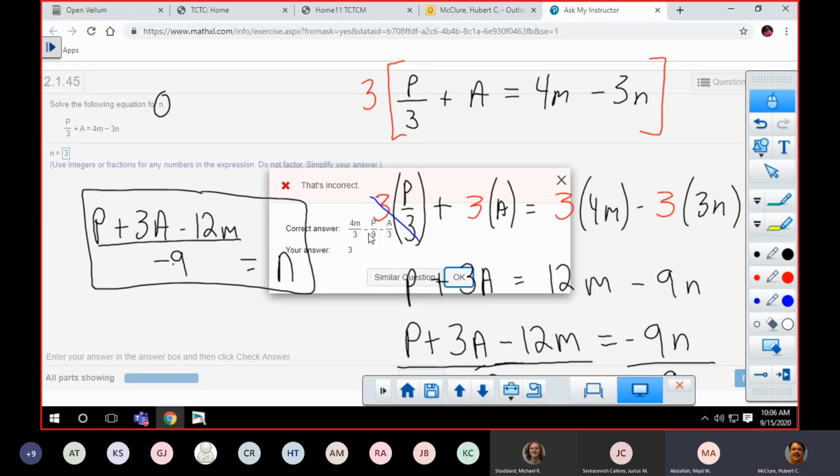Like how do I know to put P before A? Well, you don't. This is a stupid way to write it. You usually put your variables in ascending order, meaning your lower ones first. Like I said, if this was on a test, then I would give you this one or this one.